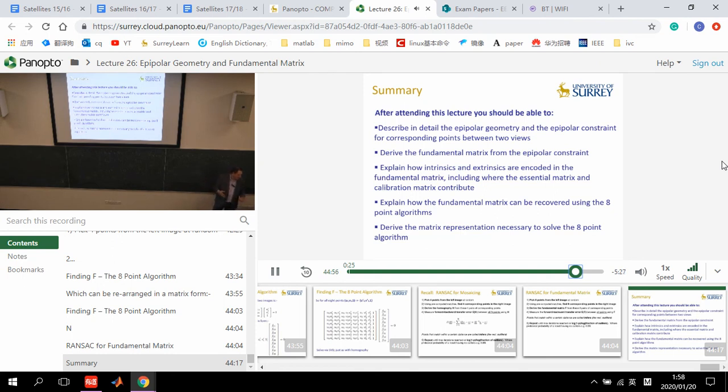We then saw how the fundamental matrix explicitly encodes the intrinsics and extrinsics when we talked about F decomposing into K, E, and then K from the other camera. And we saw how we can recover the fundamental matrix directly from point correspondences using the 8-point algorithm, in a very similar way to how we estimated homographies previously.